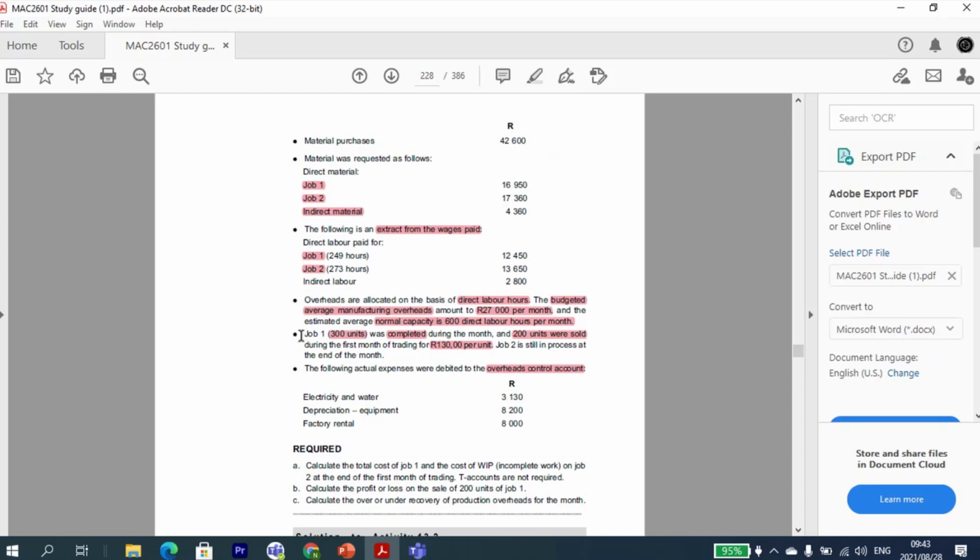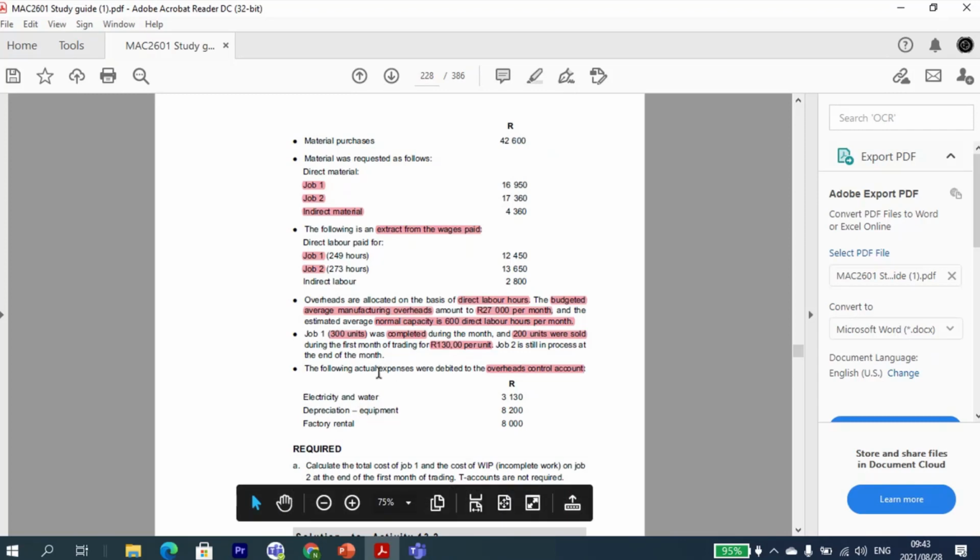Then from this, I can have my estimated allocation for manufacturing overheads. Then they told me what's been completed for job 1. For job 1, 300 units were completed, 200 were sold, and they gave me the selling price. However, job 2 is still a work in progress. Then the last bullet, they gave us overhead costs, and these are the actual ones, right? Actual expenditure.